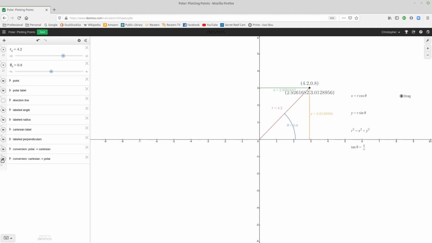If you want to convert the other way, using that right triangle, you can notice that r squared is the same as x squared plus y squared. And so that gives you a way to compute r. And likewise, the tangent of theta is going to be the quotient of r sine theta and r cosine theta, which is y over x.